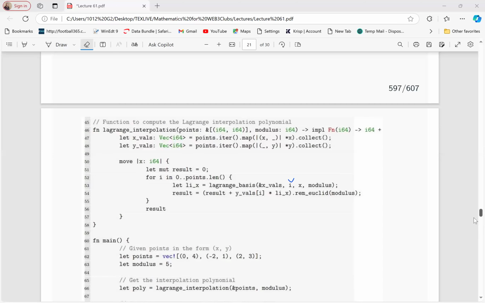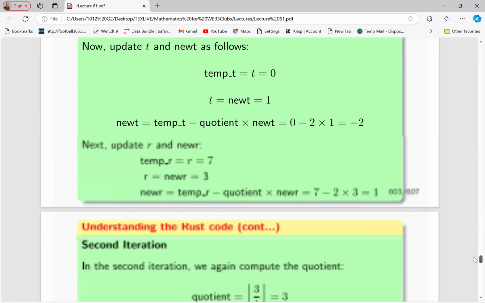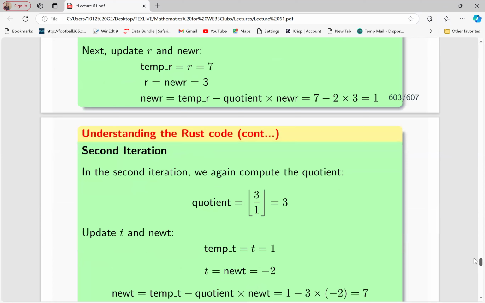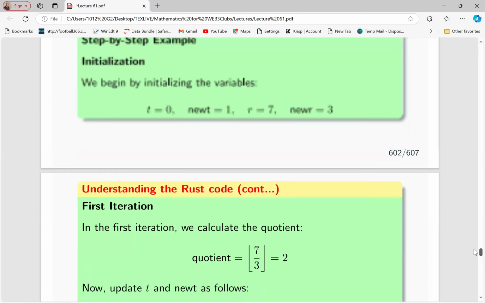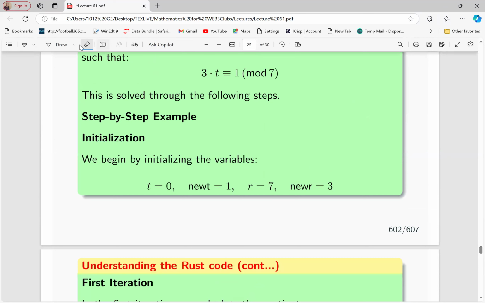Thank you. That is what I wanted to share today. But of course, we have explanation for the code. Explanation for the code is down here. And I've given an example of how it works. For instance, to get inverse, given an example here. Step-by-step example.